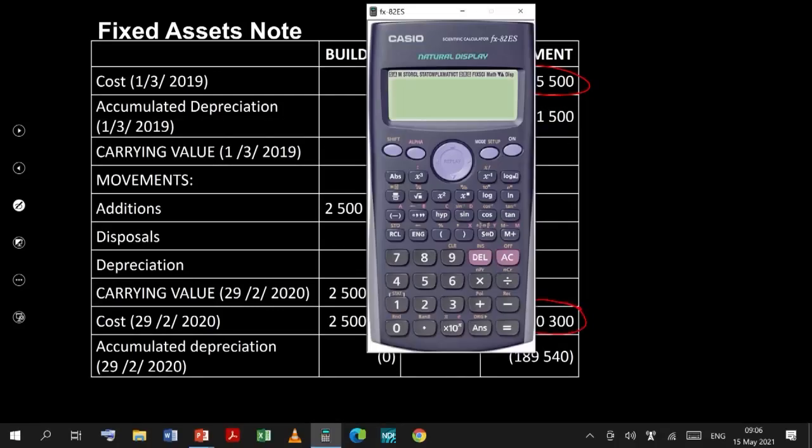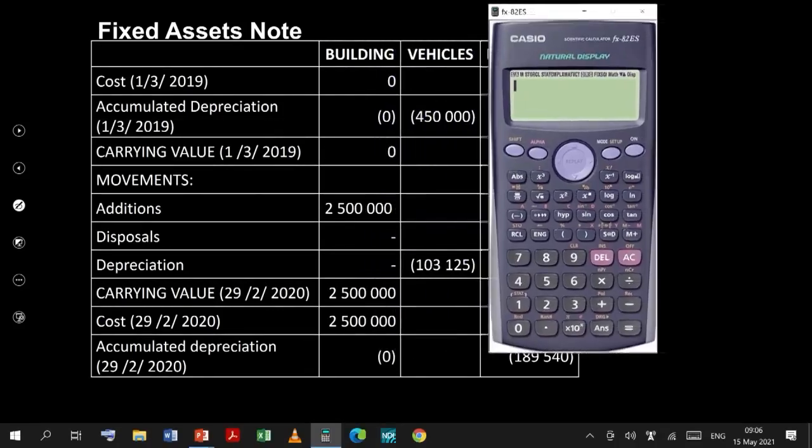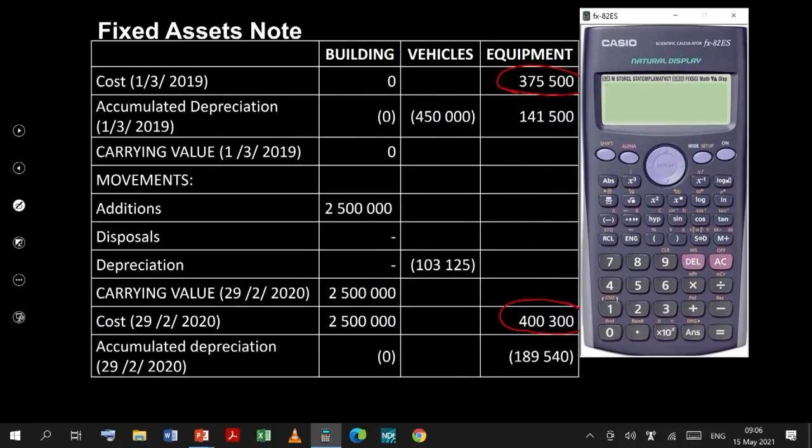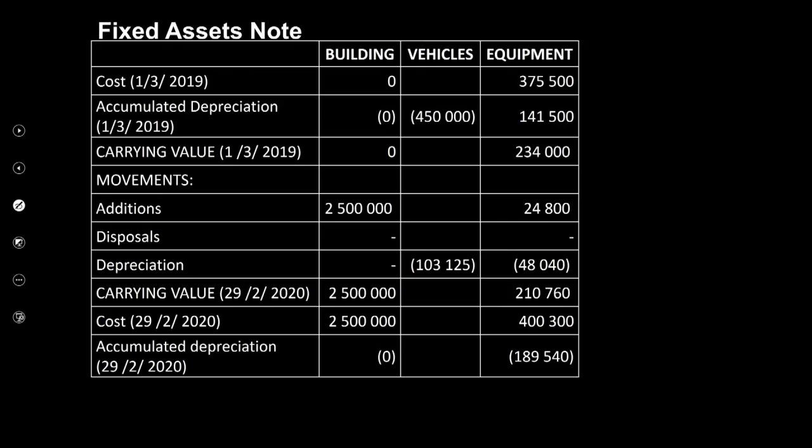So immediately what we're going to do is take 400,300, which is my closing balance, minus my opening balance of 375,500, and you will notice you get a figure of 24,800. Immediately you know you can slot in that figure of 24,800. Here we go. Oh, sorry, that's the equipment that we have purchased. The land and buildings, we've indicated that figure there already.